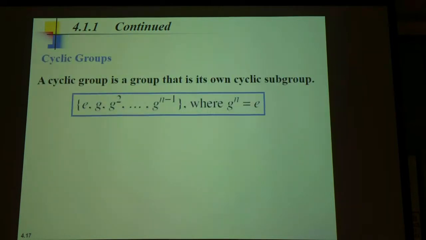All right. So a cyclic group is a group that is its own cyclic group. Okay, so E starts with the identity element, right? E is identity element, G squared, G n minus whatever, G n equals E.